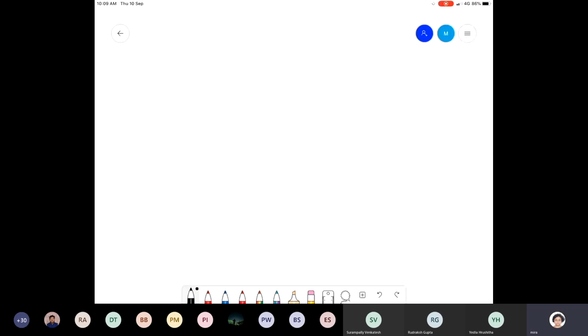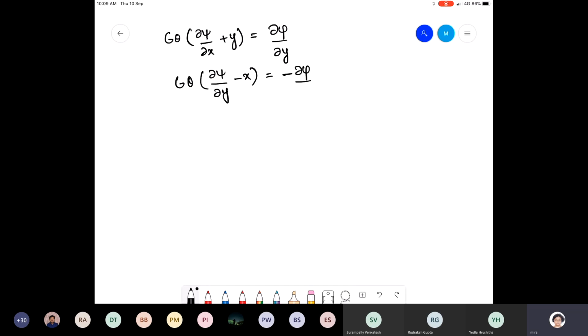So I have G theta (del psi by del x plus y) equal to del phi by del y, and G theta (del psi by del y minus x) equal to minus del phi by del x.